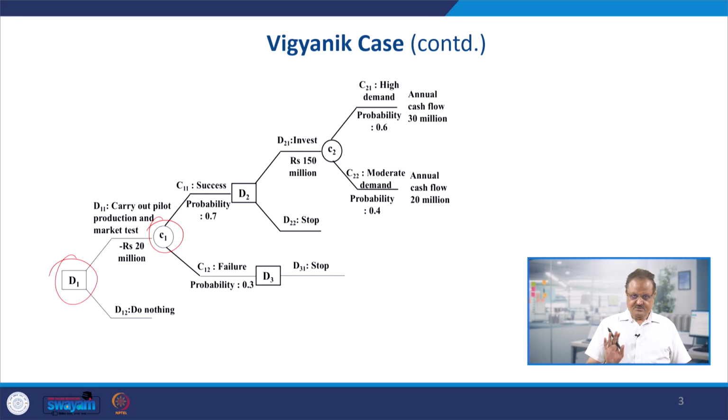We have already conceived and developed the product, we know how it can be manufactured, we have developed the prototype, and all the technical aspects have been tested. Now the product is ready to be taken to the market. But before that, we have to go for pilot production and test marketing, so that we can test the water in the market and finally go for commercial production.